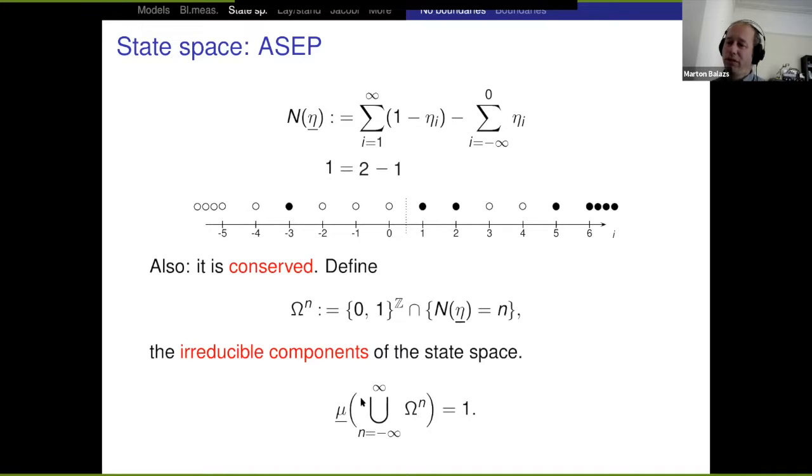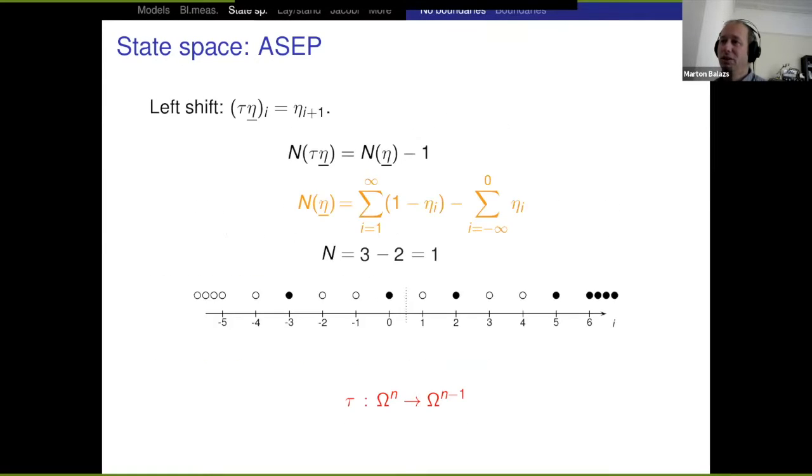And also, if I look at the union of these Omegas, because this quantity is almost surely finite according to the product measure, this non-translation invariant product blocking measure will give probability 1 on the union of these state spaces. So I essentially broke up the state space, except for a 0 measure set, into these irreducible components according to the conserved quantity. Okay, so that's the first observation.